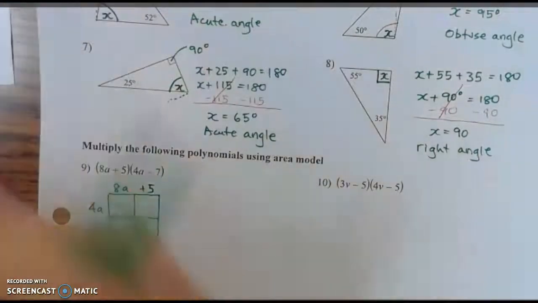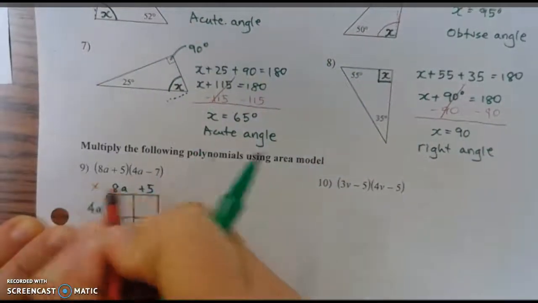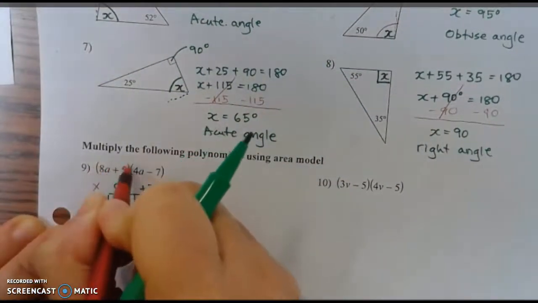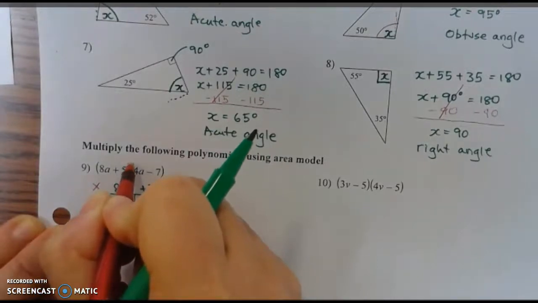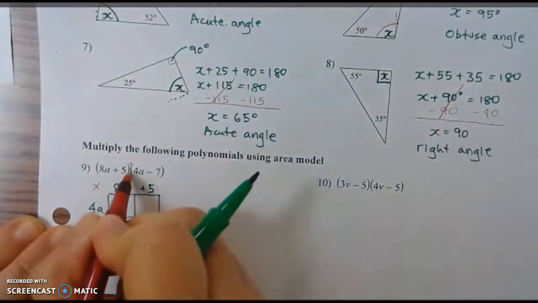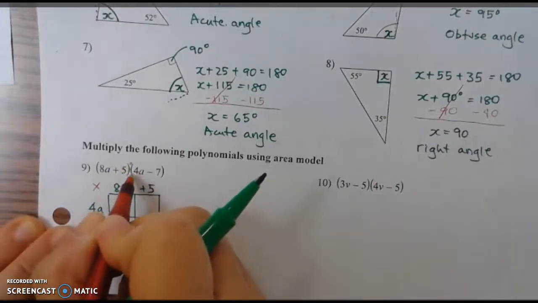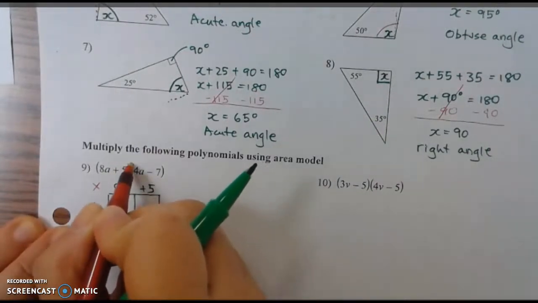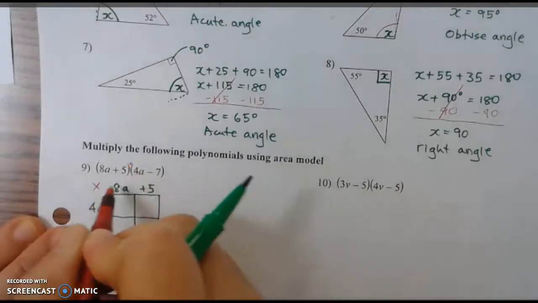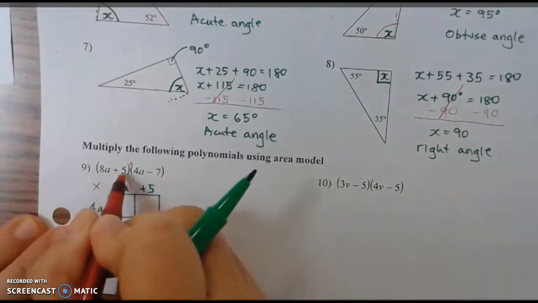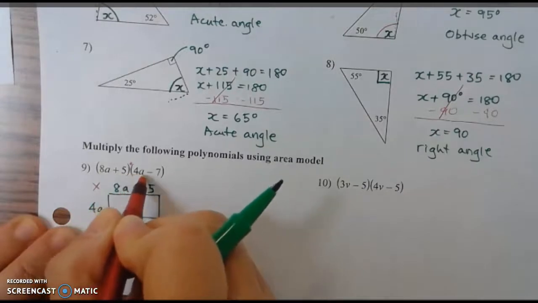And then I multiply. The operation is multiply because between these parentheses you are multiplying. That's what it's saying. There is no operation here. So when you have something with parentheses with no operation, the default operation is multiplication. So you're multiplying 8a plus 5 by 4a minus 7.